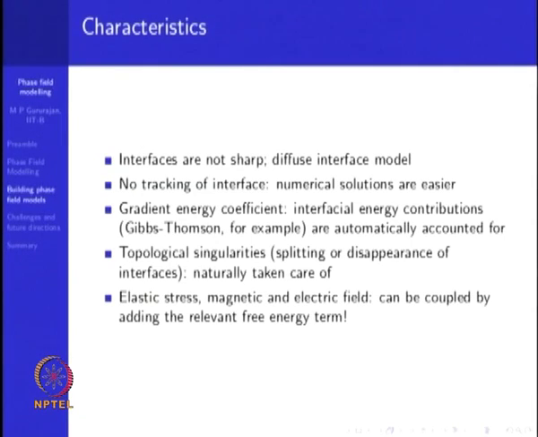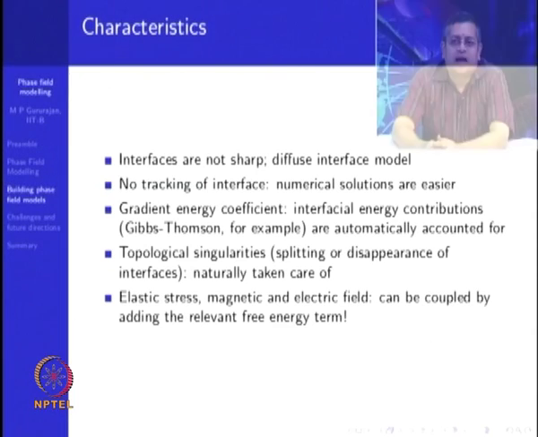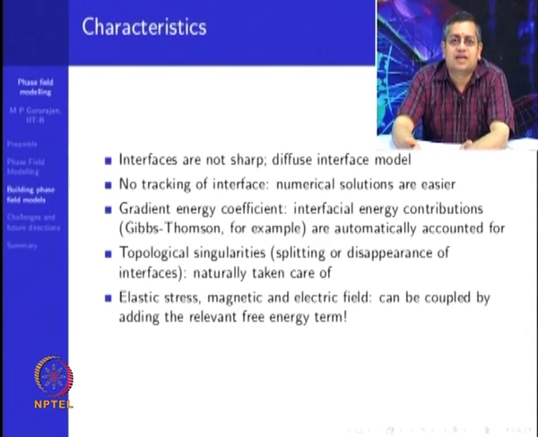Now, what are the characteristics of the phase field model solutions? We see that the interfaces are not sharp. Okay. So, you always have a very diffuse interface, and we can also track the interface without having to look at where the interface is.